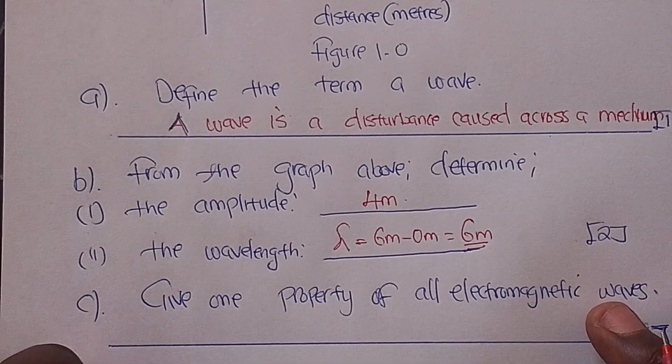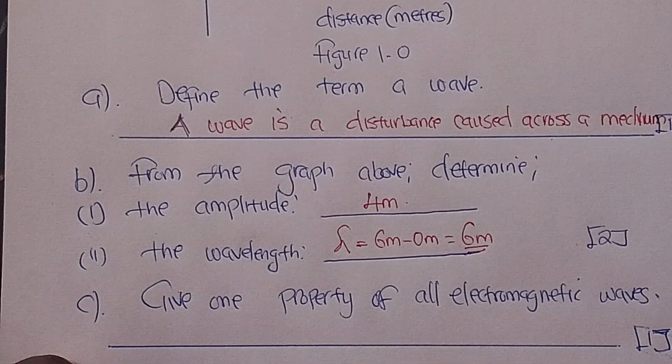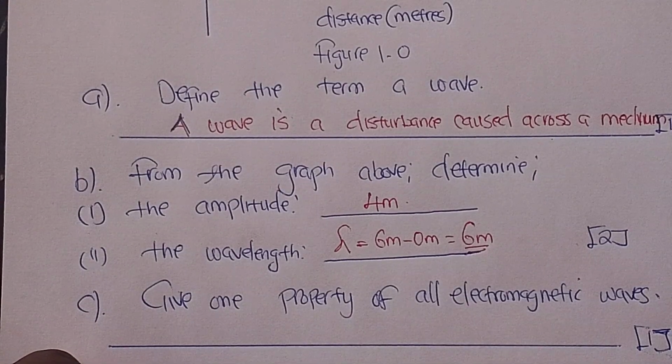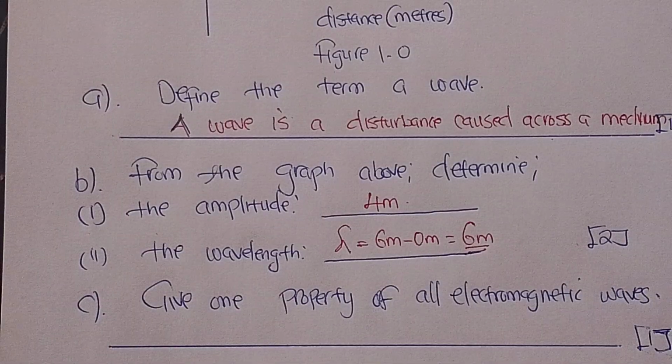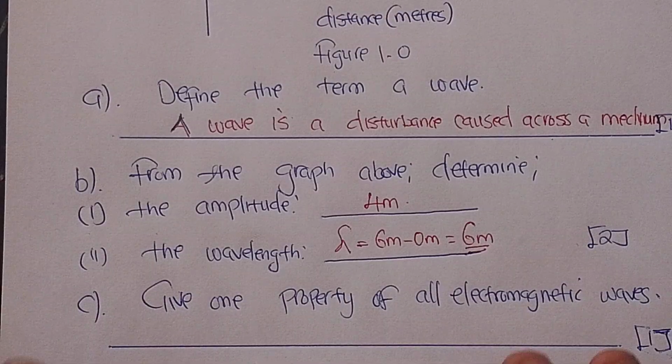Then we move on to the last one, which says give one property of all electromagnetic waves. All electromagnetic waves are transverse waves in nature. That is point number 1. All electromagnetic waves travel in a vacuum, and also all electromagnetic waves move at the speed of light.